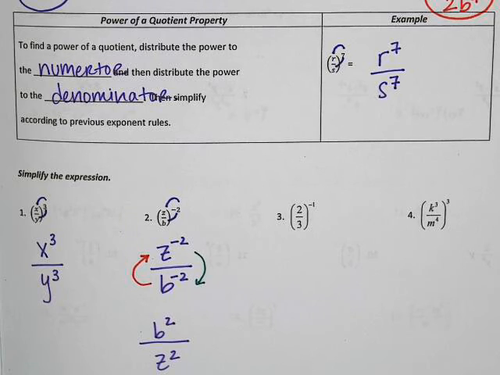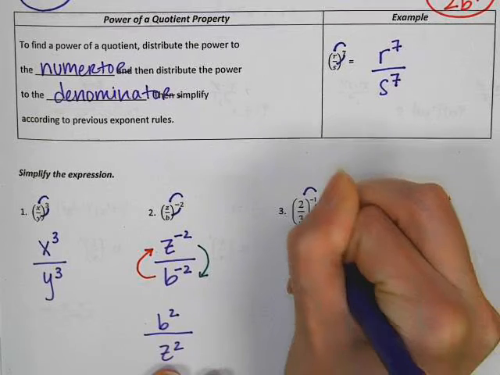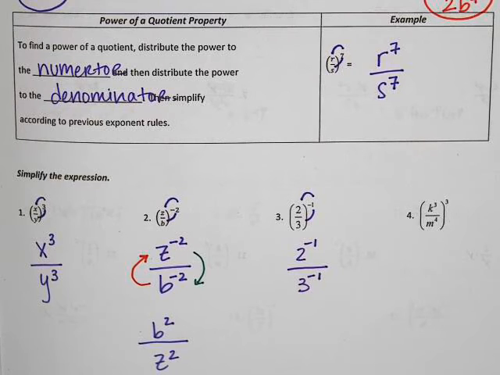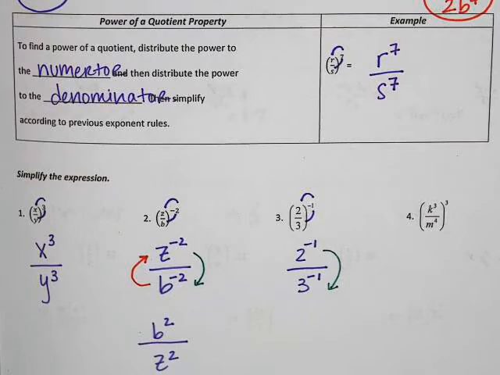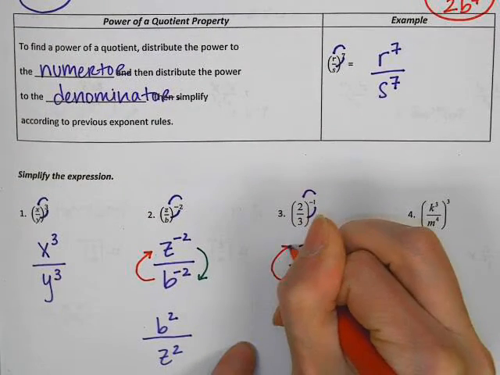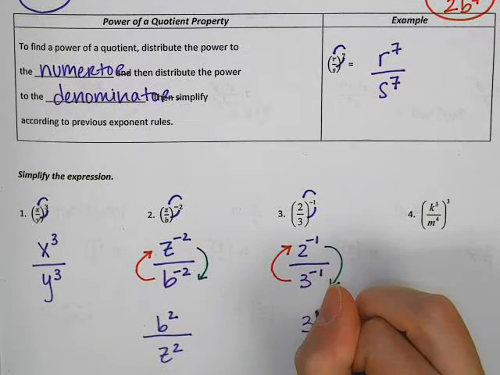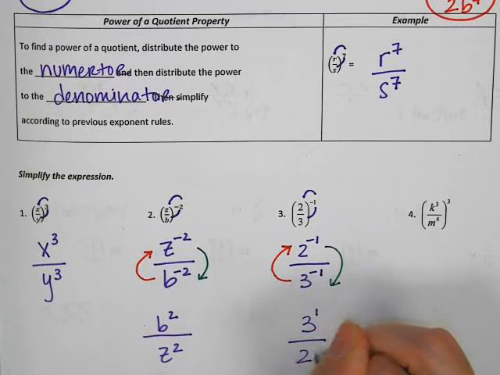Okay, number 3. 2 to the negative 1 over 3 to the negative 1. I wouldn't type it in the calculator. I would leave it like this, and then if your exponent's negative, drop it like it's hot. If it's negative on the bottom, then you bring it to the top. So final answer, 3 to the 1 comes up, and 2 to the 1 comes down.